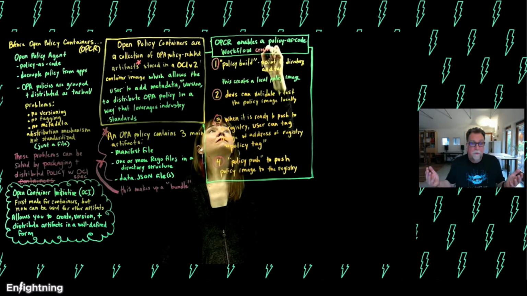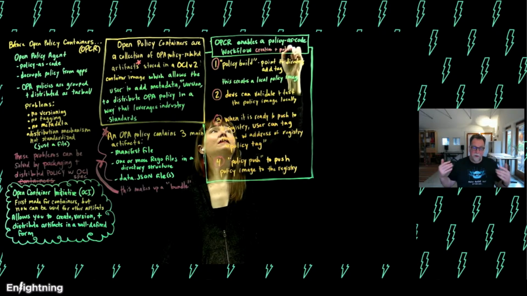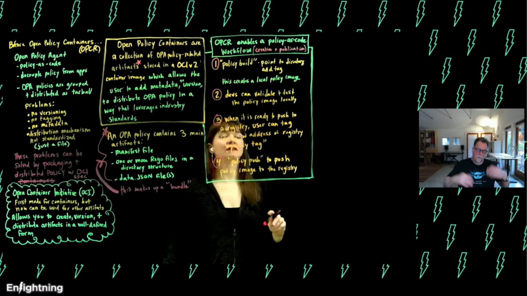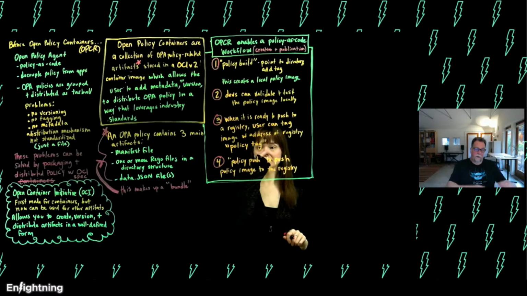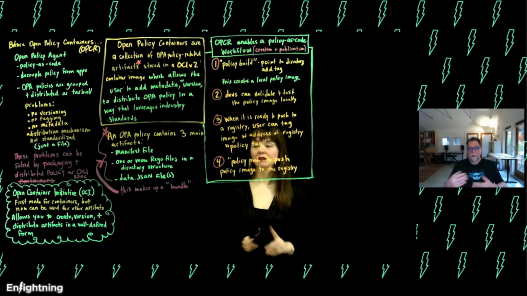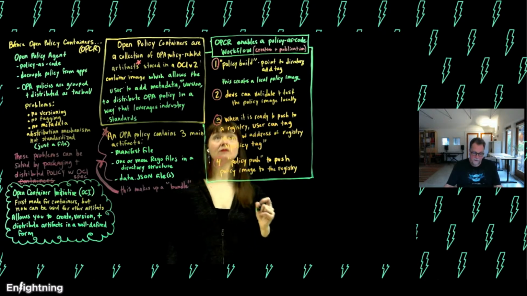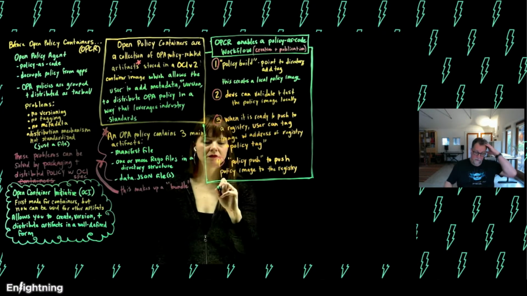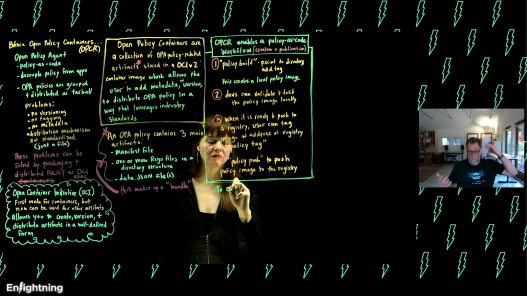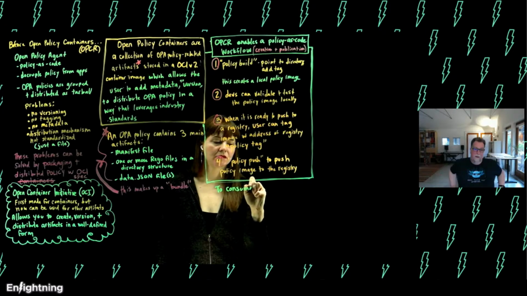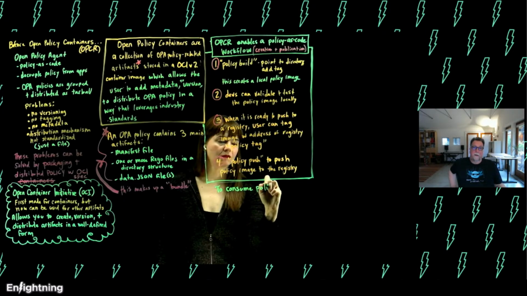It's policy pull, just like Docker pull, you pull it from a registry, and that brings it into your local OCI store. And now the service that's using it, if that's Docker or in our case OPA, is able to use it. So to consume it, you either implicitly or explicitly perform a pull.